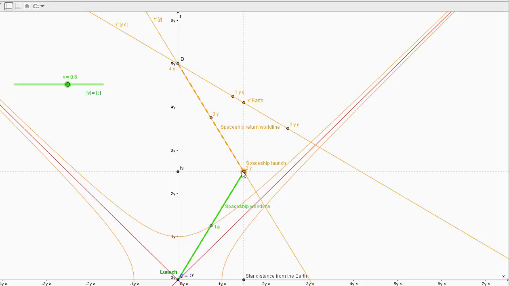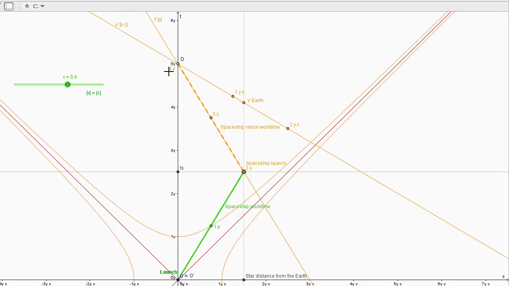So in the Earth's reference, this point is 1.5, 2.5, while in the spaceship the point stays on the t' axis, so its oblique coordinates are 0, 2, and this point is 0, 4.